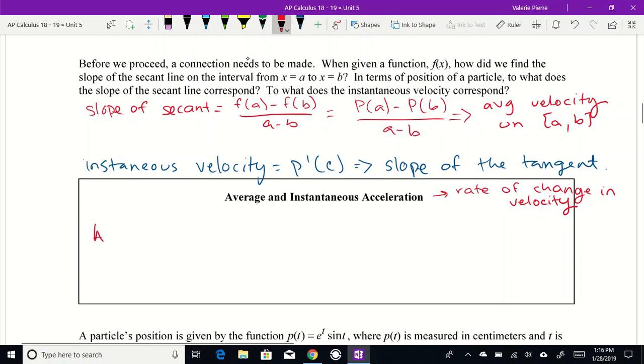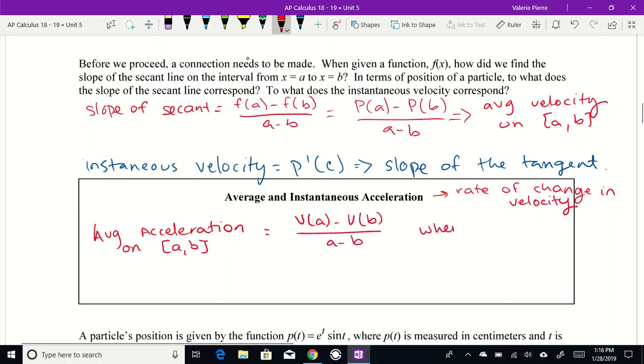So our average acceleration on the closed interval AB is equal to V of A minus V of B all over A minus B, where V of t is equal to the derivative of position. Remember, velocity is equal to the derivative of the position function.